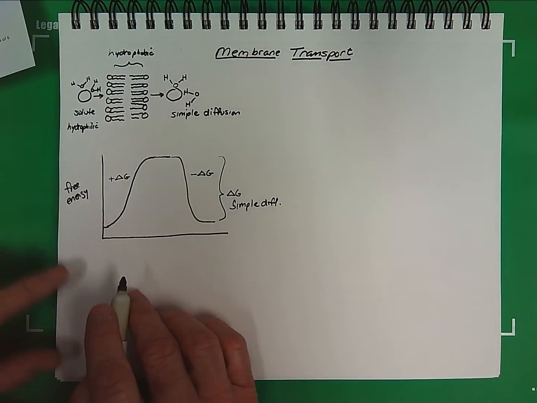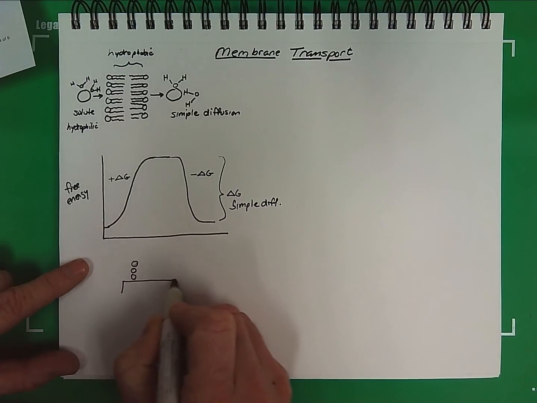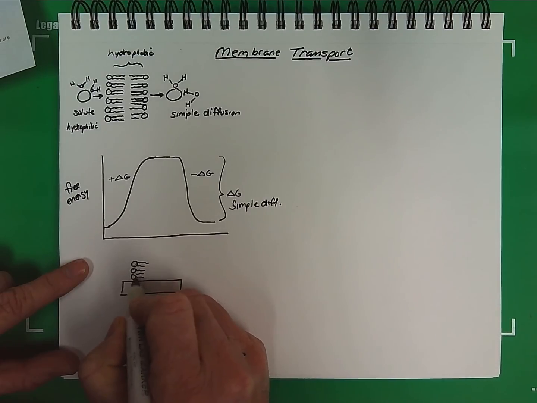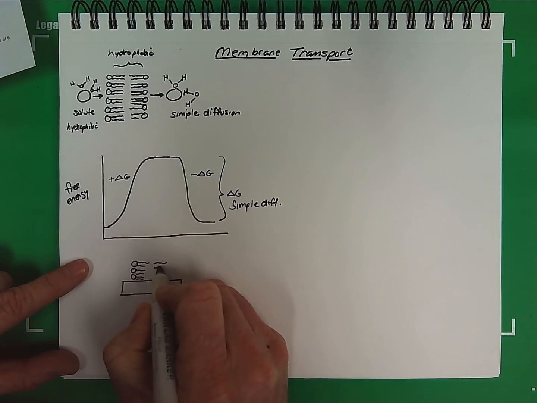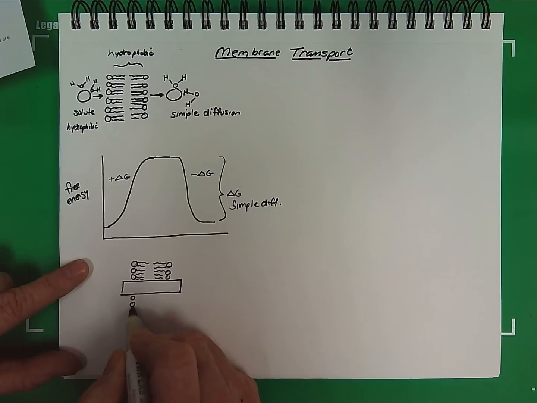So the way we can get around this problem is to introduce a protein in the membrane. So let me draw a couple hydrophobic domain fatty acid tails here. And this will indicate that we have now a transmembrane protein.